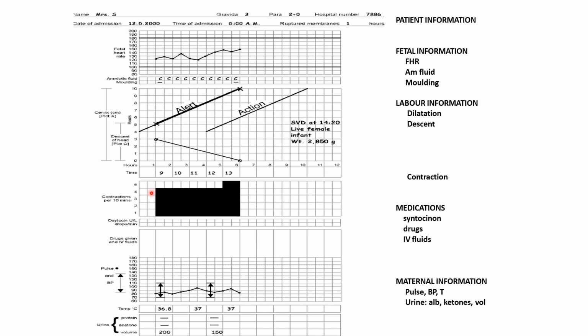And again at 11 o'clock if you are checking, and if you are getting another 4 contractions, you have to mark at 11. See, this column completely you have to mark. In case you are getting 5 contractions, this full column will be filled. So see how many contractions you are getting in 10 minutes, and mark those contractions in this column.